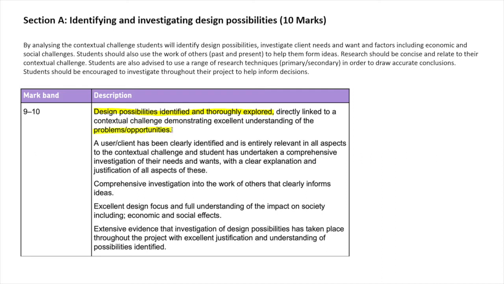I've told you what the problems and opportunities are. I've identified a client, and I've made sure it's an entirely relevant client. It's not just somebody that I've met off the street. It is someone that's genuinely got this problem. And I've investigated their wants and needs, and I've justified what their wants and needs are in my client interview.